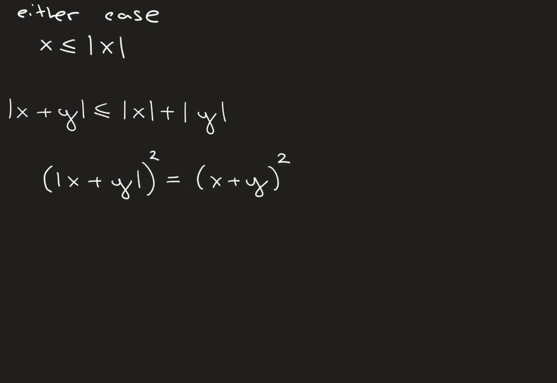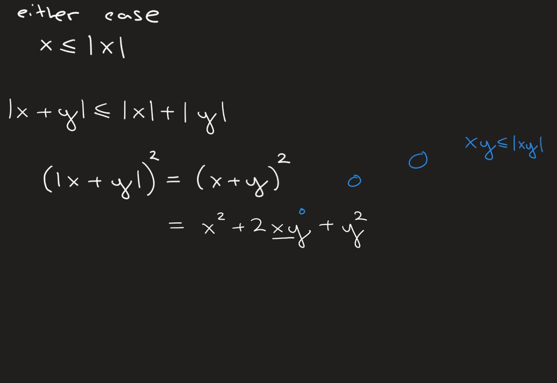Oh, but we know how this works. This is the same thing as x squared plus 2xy plus y squared. Okay, that's huge. But here's the thing. Another thing I know is that x times y is less than or equal to the absolute value of xy.